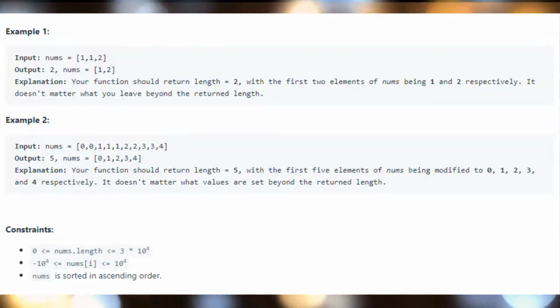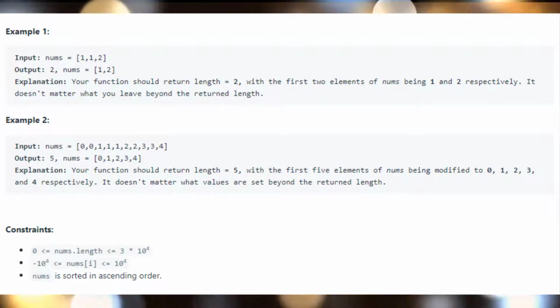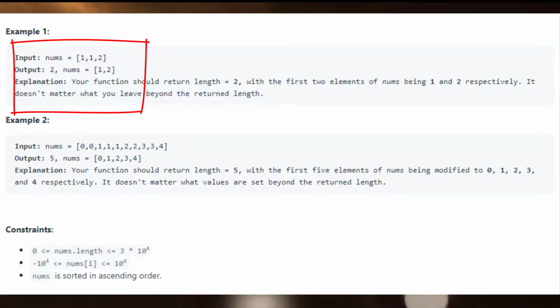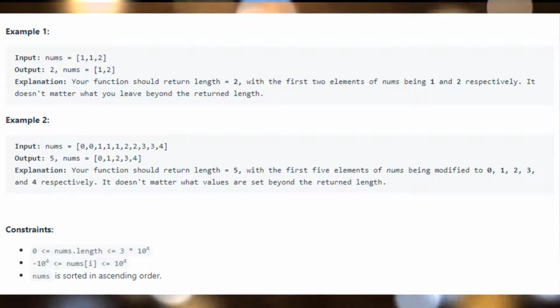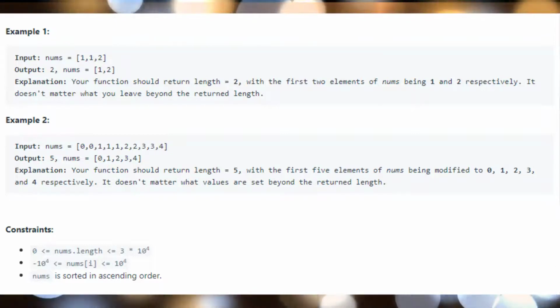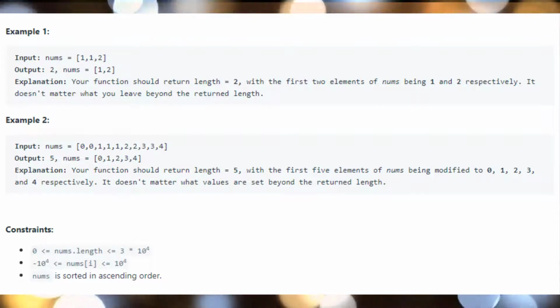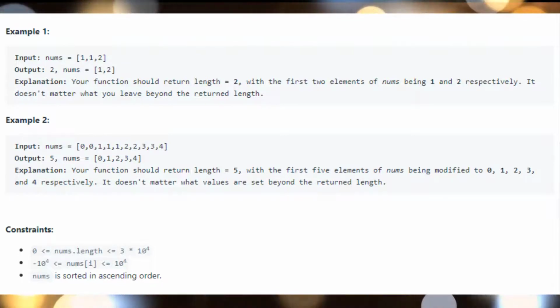So you can see in this example that when the system inputs an array with duplicates, which is the number 1, we need to output the 2, which means that we are to manipulate the input array into 1 and 2 because there are two 1s, and output the 2 number because there are two non-duplicates.